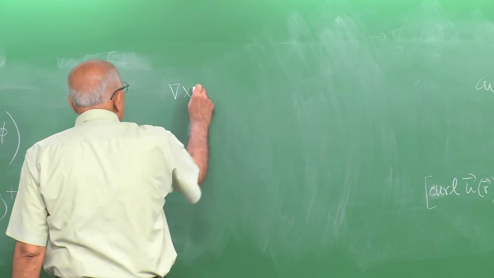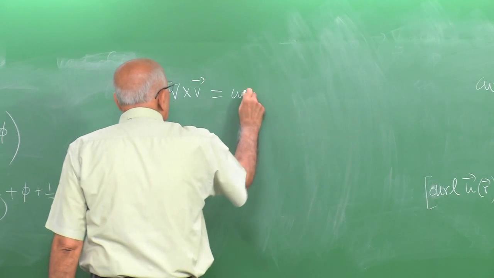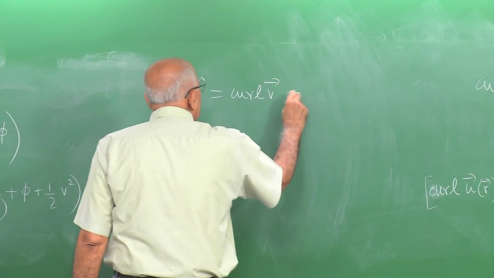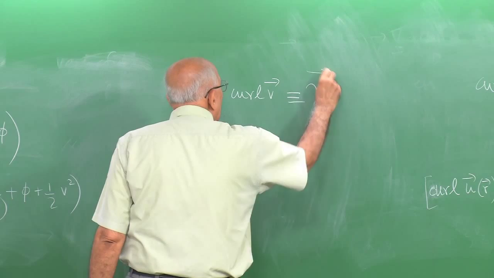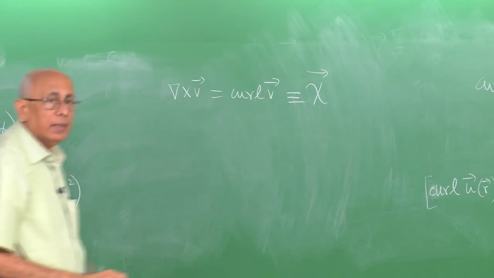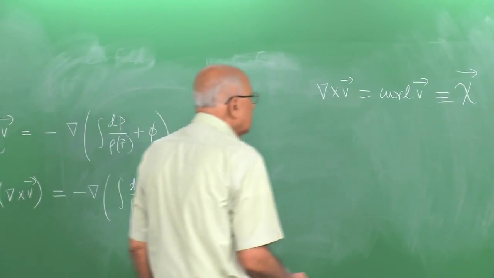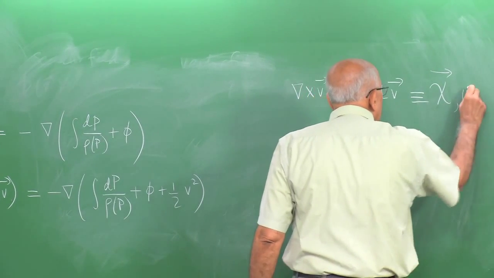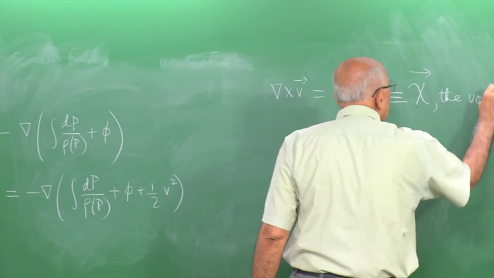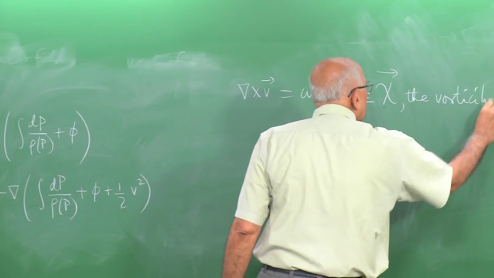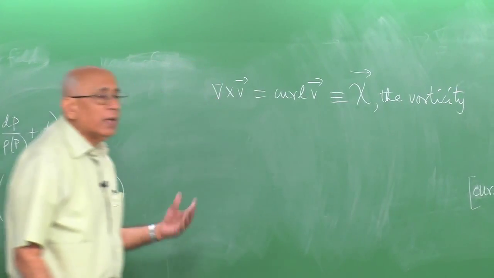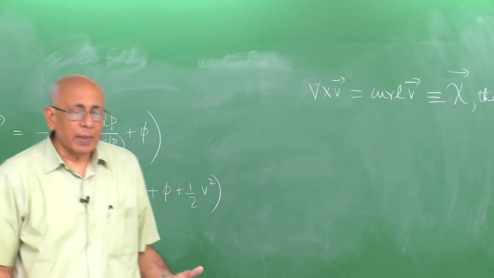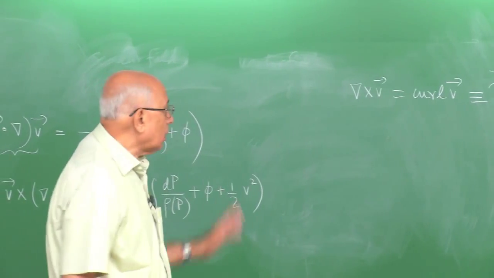And this quantity del cross V, the curl of V, equal to some chi, which is of course a function of r and t in general for a fluid. This quantity here, this chi, is called the vorticity. You can define a vorticity at every point in space at every given time for a velocity field.